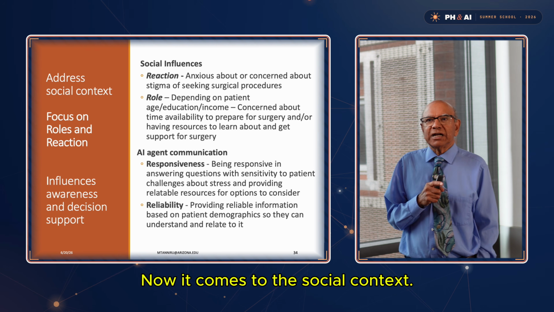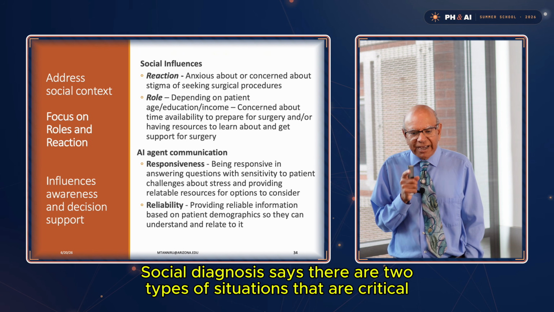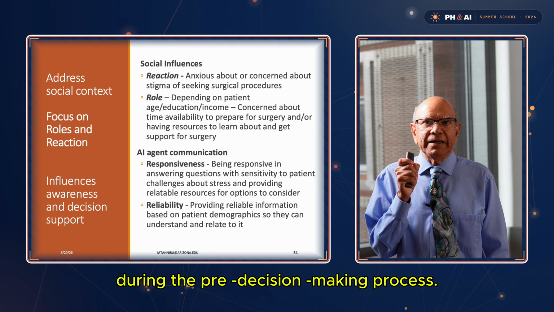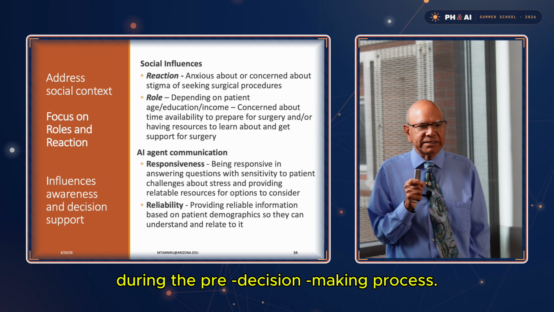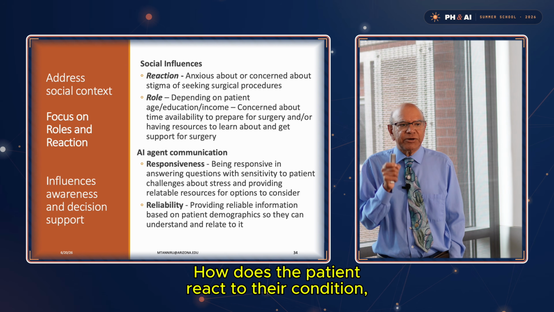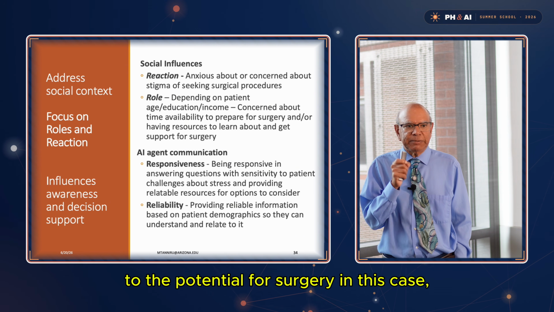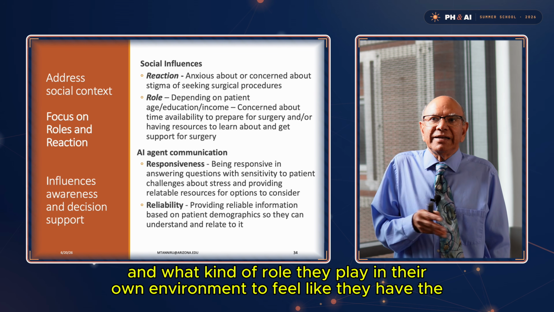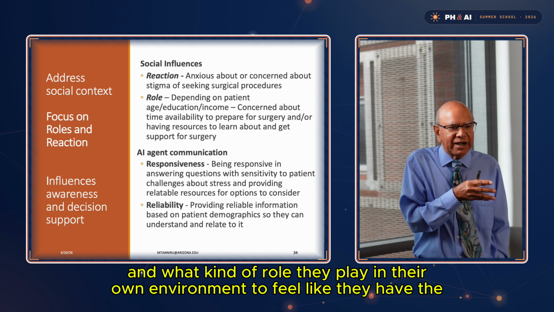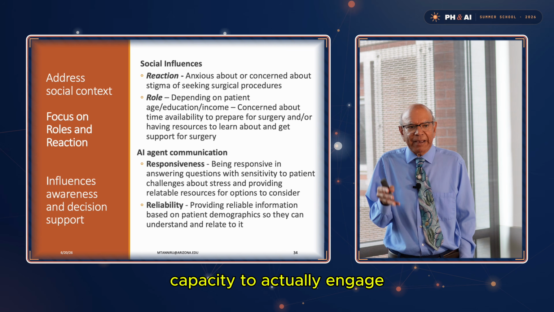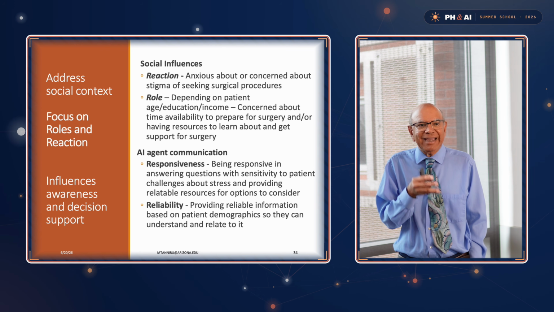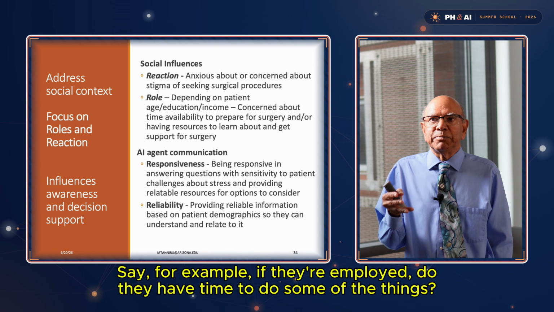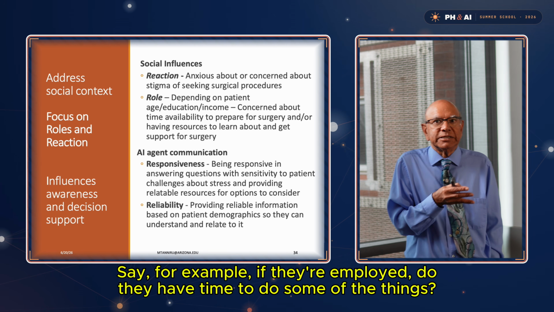Now that comes to the social context. Social diagnosis says there are two types of situations that are critical during the pre-decision-making process. How does the patient react to their condition, to the potential for a surgery in this case, and what kind of role they play in their own environment to feel like they have the capacity to actually engage in the preparation needed for the surgery. Say, for example, if they're employed, do they have the time to do some of the things?